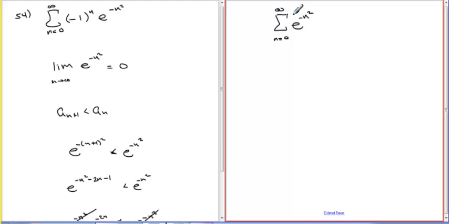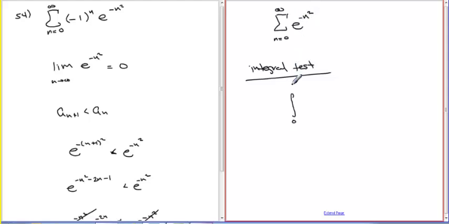So let's use the integral test, because the other ones involve trying to come up with... the only issue is, that's okay, because at n equals 0, you still get a number here, so it's not like it doesn't exist.